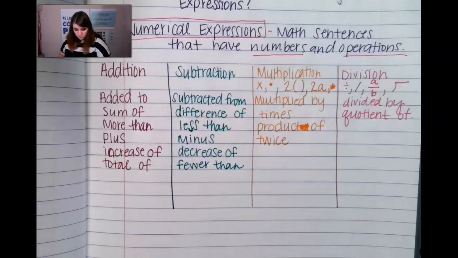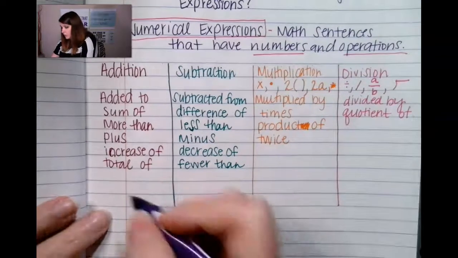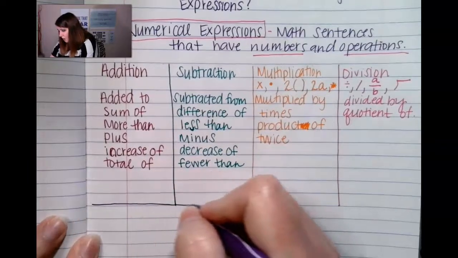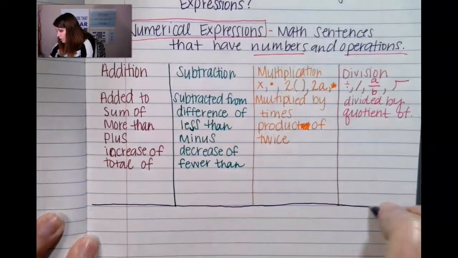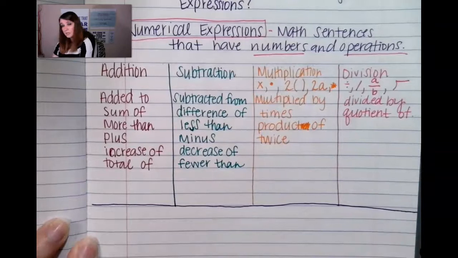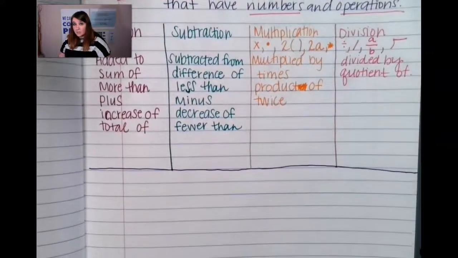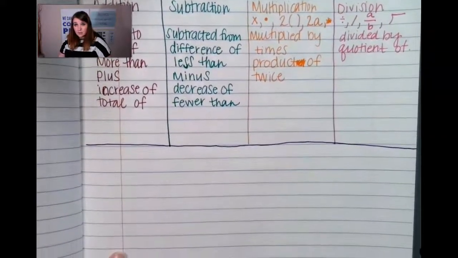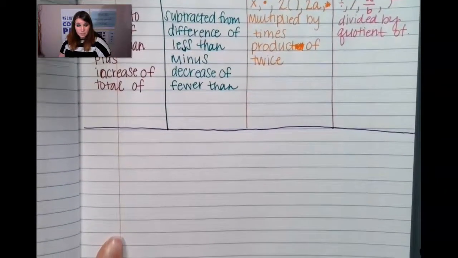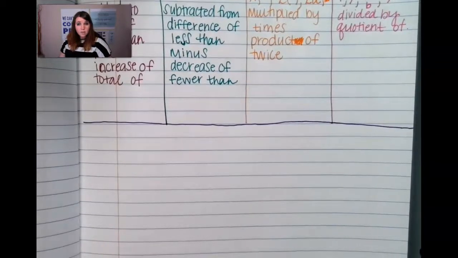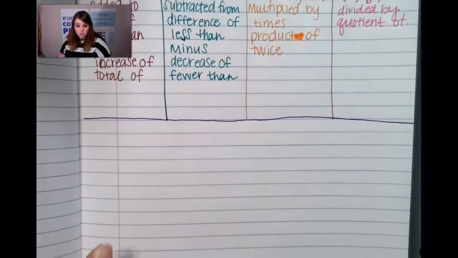Okay? All right. So, Miss Englander, why did you just have us write down all these words about addition, subtraction, multiplication, and division? Because we are going to be writing expressions in this unit. In this chapter, the whole point of it is to write expressions.